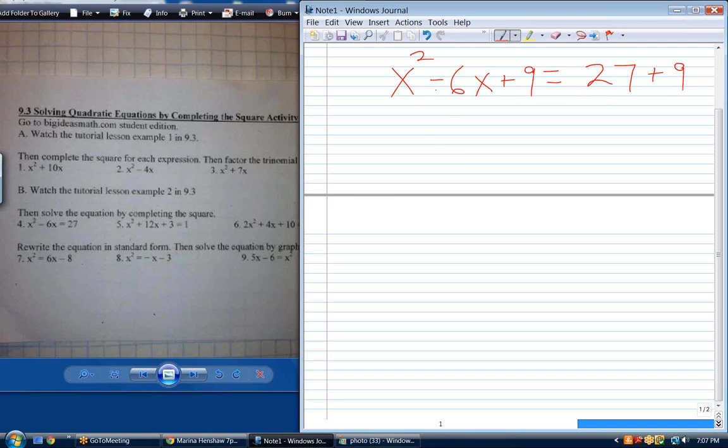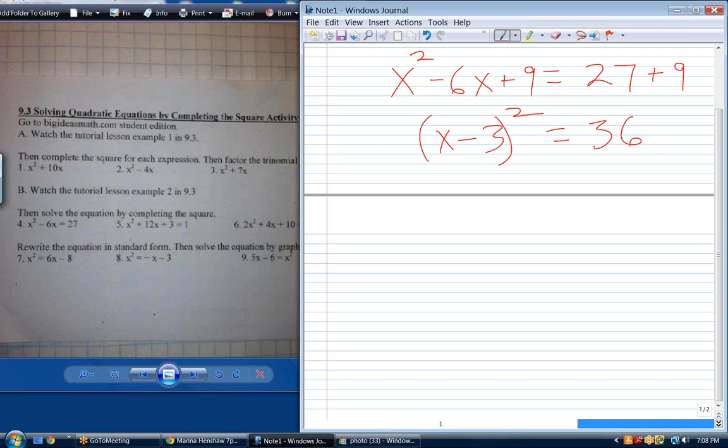Okay, now how can I represent this trinomial? It would be x minus 3 squared, right, equals 36.